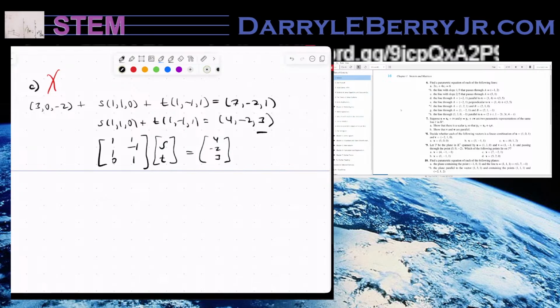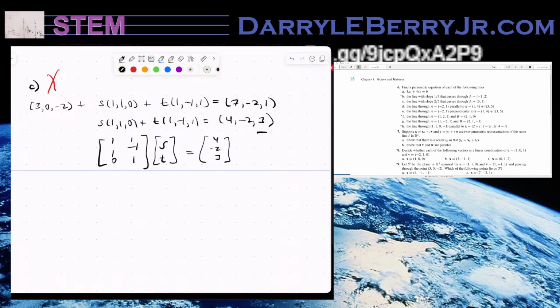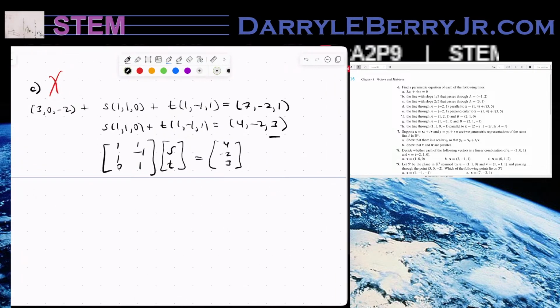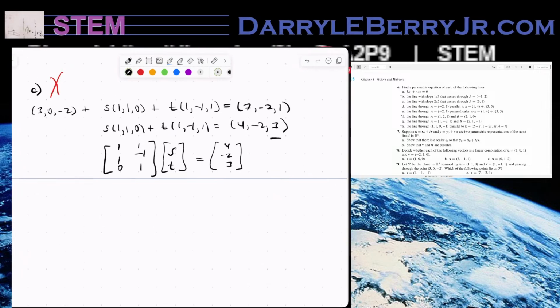Let me expand the window size just in case. I'm not going to expand much, but it might help some.